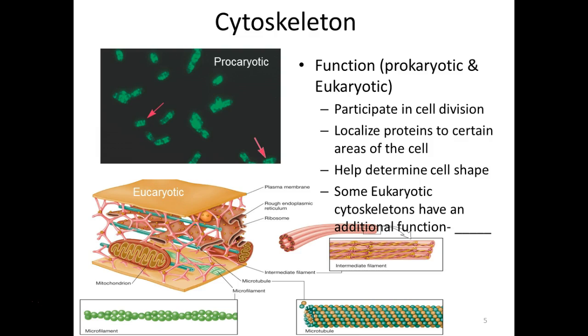It'll help localize proteins in certain areas of a cell. So even though you don't have membrane compartments within a prokaryote, you still have compartmentalization that will happen, and movement within the cell of things around. And the cytoskeleton helps facilitate those things.